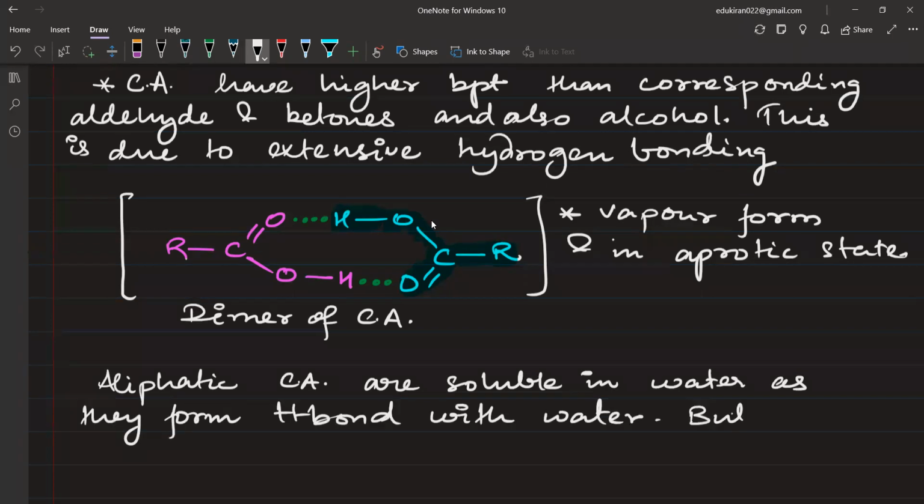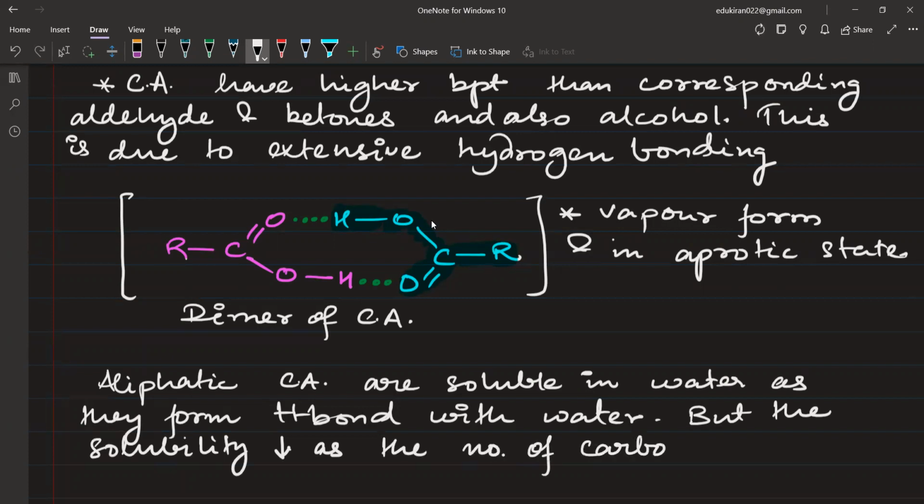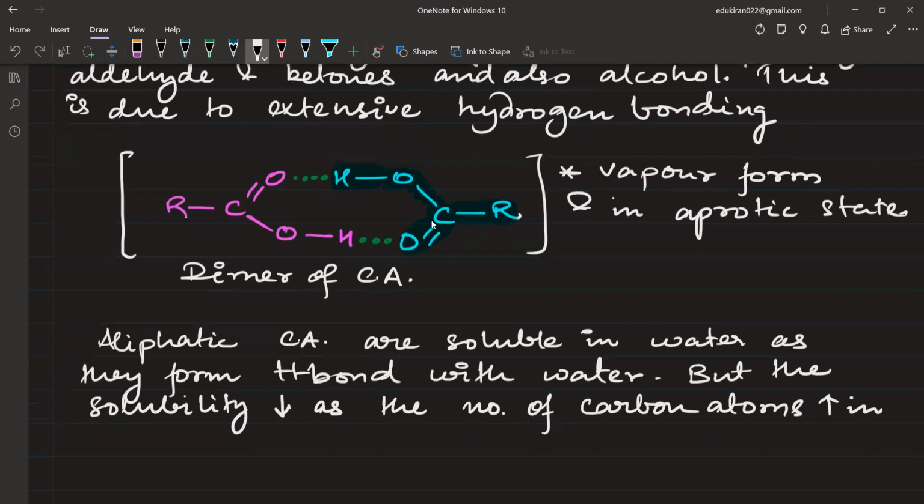But the solubility decreases as the number of carbon atoms increases in the alkyl chain.